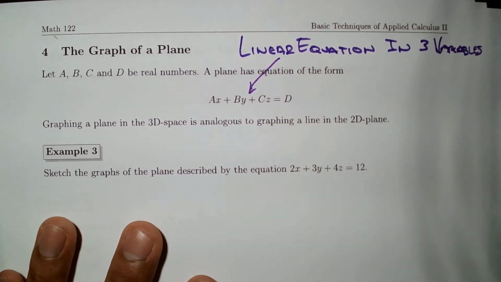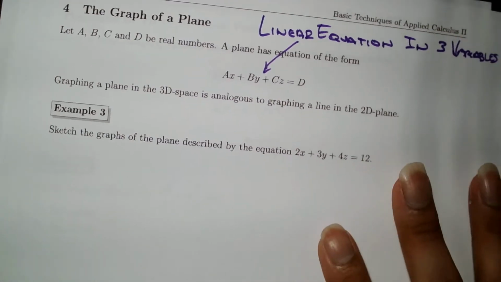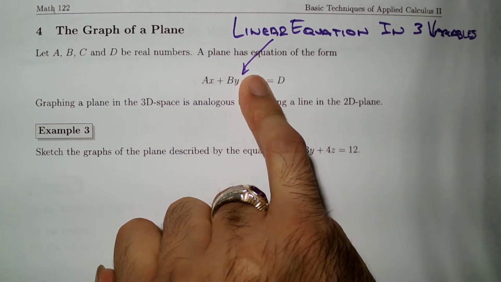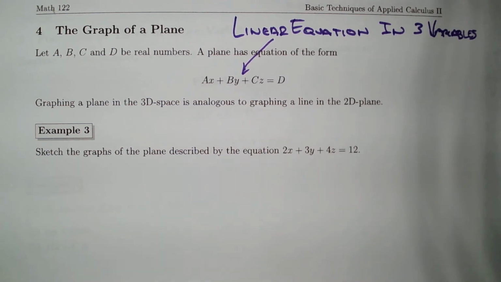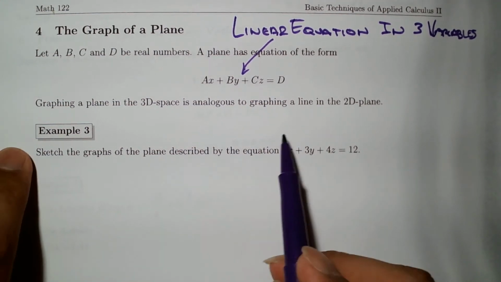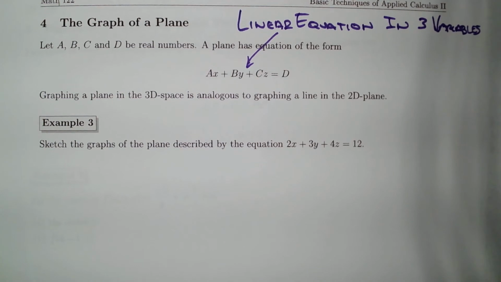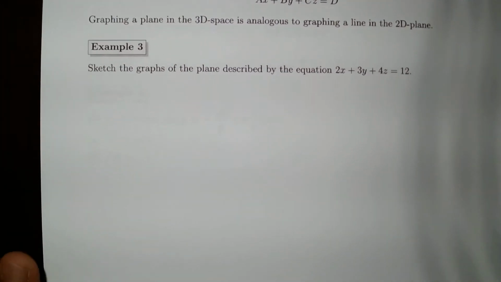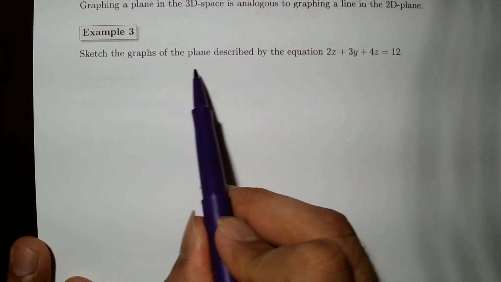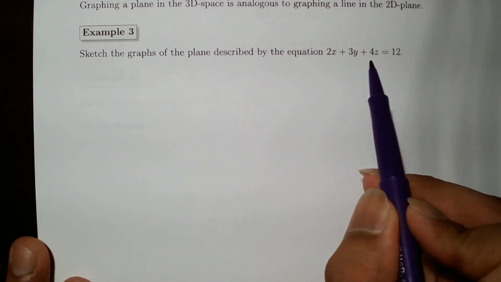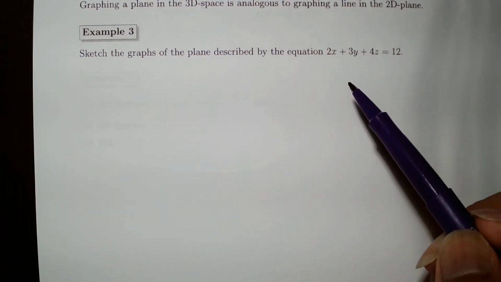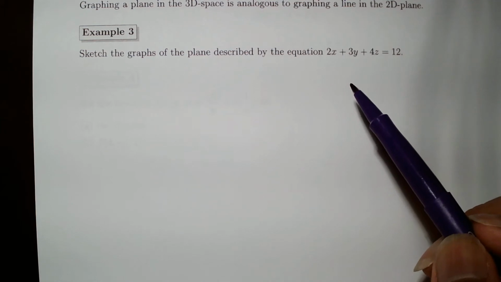If we didn't have this term with the c, we would have the equation of a line in 2D. However, in this case, this is going to be a plane. So how are we going to graph this plane? We're given an equation: sketch the graph of the plane described by 2x + 3y + 4z = 12.